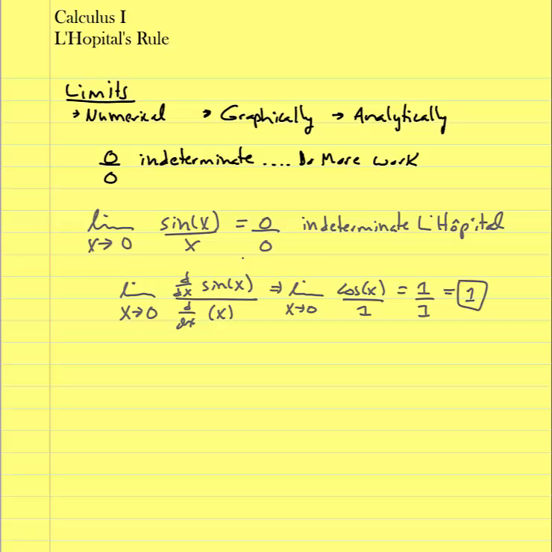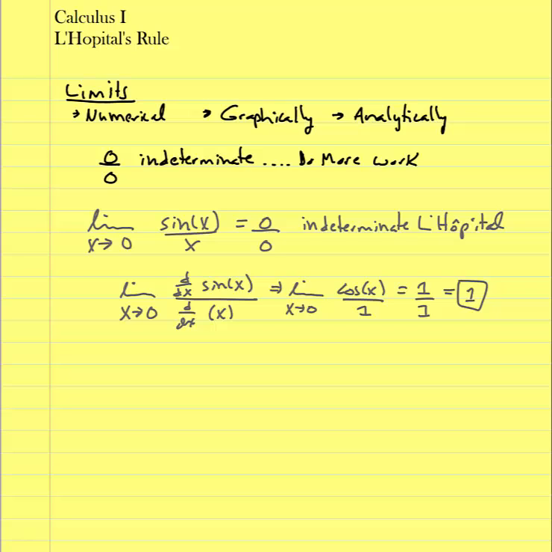So what we just did is not the quotient rule. L'Hopital's is not the quotient rule. L'Hopital's is in fact this nice little shortcut rule that also allows us to find limits a lot faster than going backward and using a numerical or graphical or analytical approach.